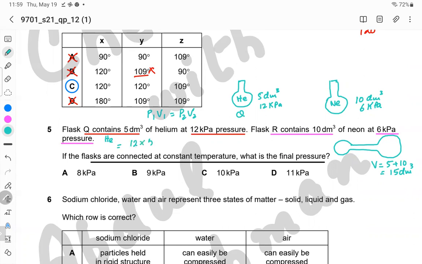And initial volume will be 5. When both the flasks are connected, then P2 is unknown, that I have to figure out, but V2 becomes 15. Is this understandable? Is this point clear to everyone?